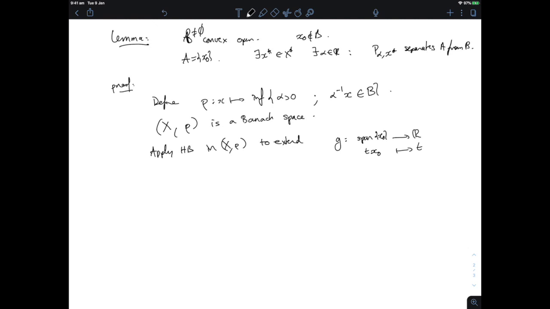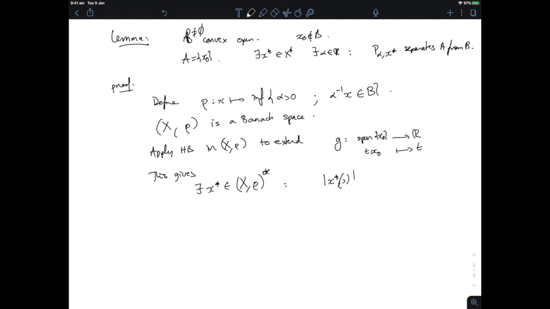So I'm going to extend that, and we get an element, let's call it x star, and it's going to be in the dual of X with rho.